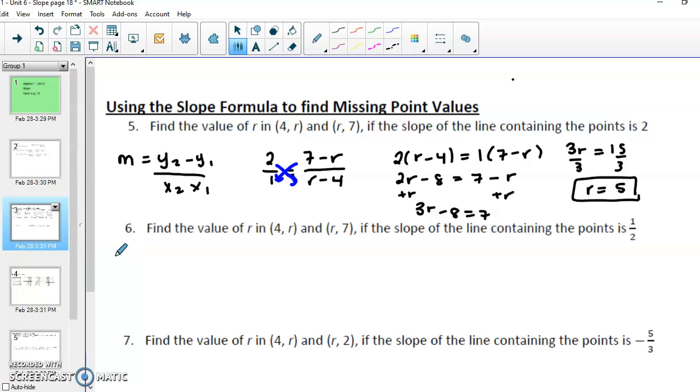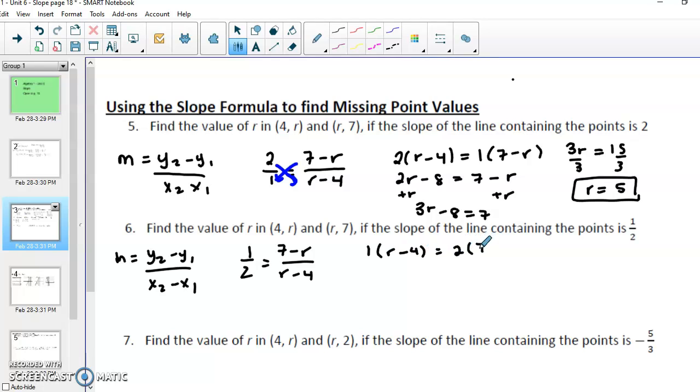Let's try another one. M equals y2 minus y1 over x2 minus x1. So, slope is 1/2. 7 minus r, same numbers, over r minus 4. And same thing, cross multiply. So 1 times r minus 4 equals 2 times 7 minus r.